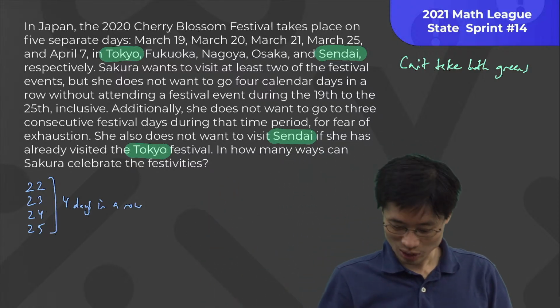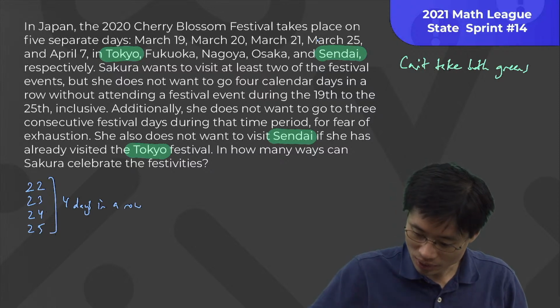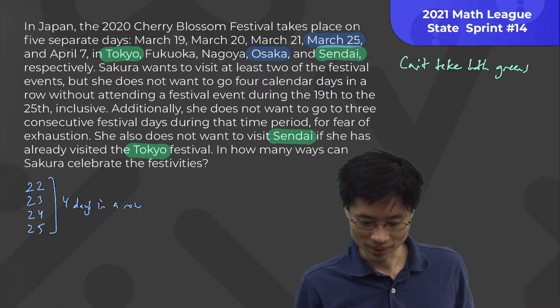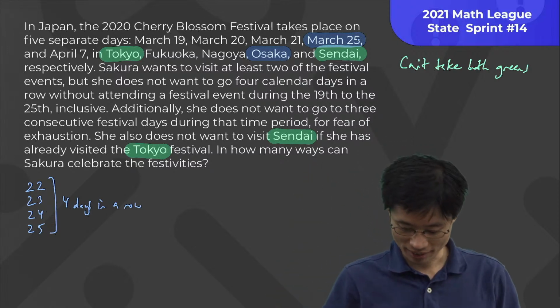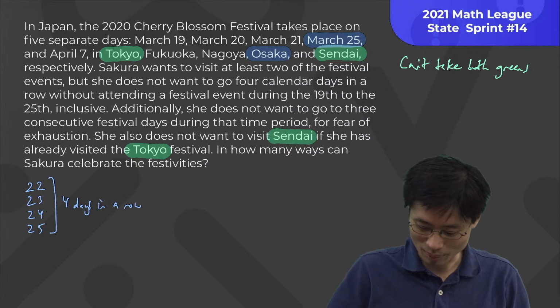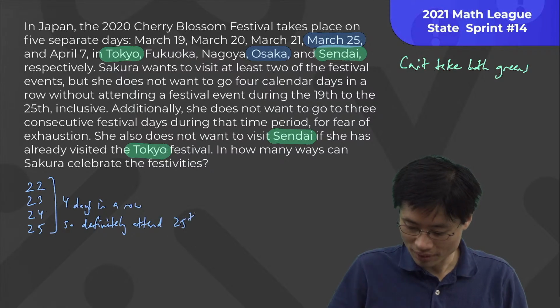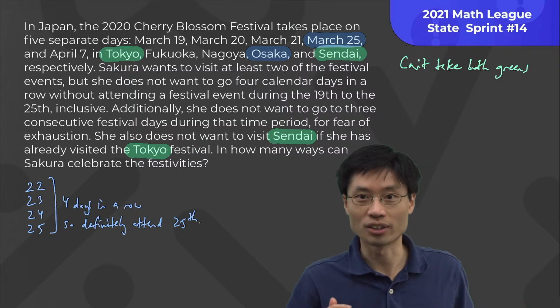So what I've just found out is that I definitely need Sakura to attend March 25th. Actually, March 25th is Osaka. Okay, so that's a definite. That's nice. I like definite information when I'm trying to understand what's going on in the problem. So definitely attend the 25th. No choice at all on that one.